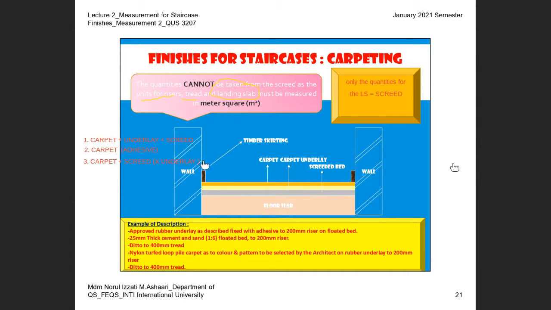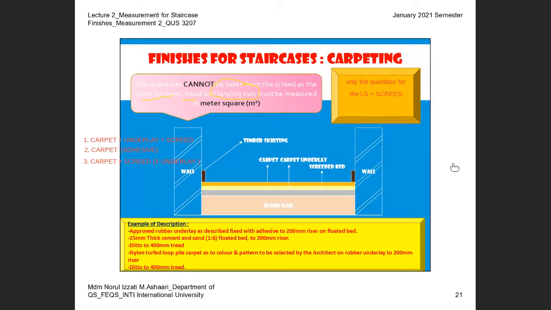In terms of the application, the bed here is detailed as floated. If you see the method of application for a screeded bed, floated bed, moving paving trowel, the way we apply is different because the tool is different. This is one example, and I put it here as one box. So you can see here, this is one group of underlay.